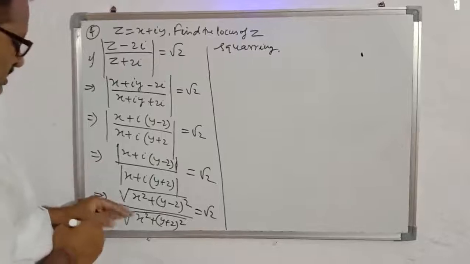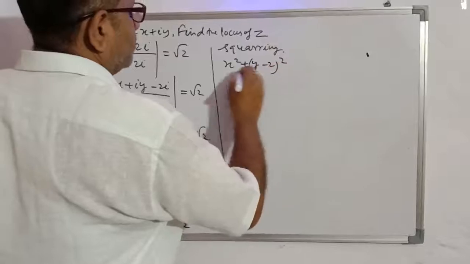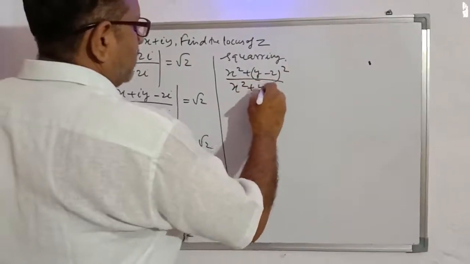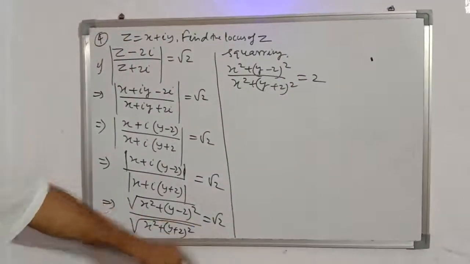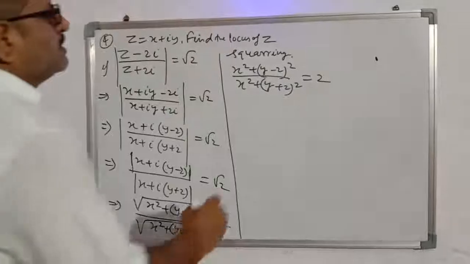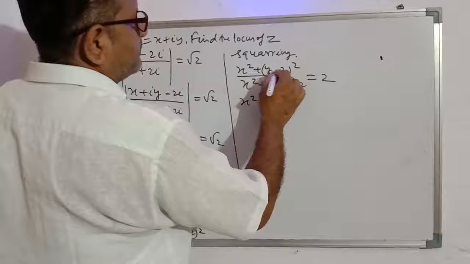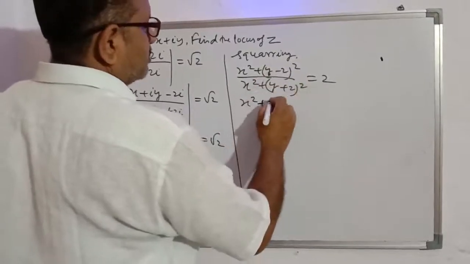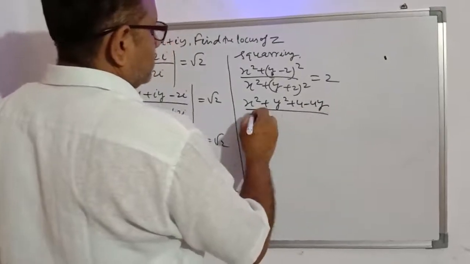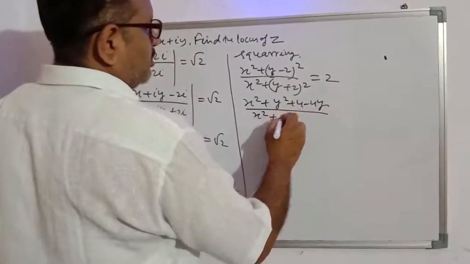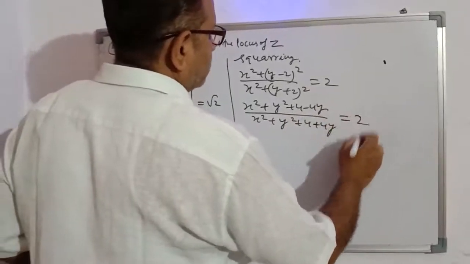We will get x square plus y minus 2 whole square upon x square plus y plus 2 whole square is equal to root 2 square, which is 2. Expand using a minus b whole square: y square plus 4 minus 4y, upon x square, a plus b whole square, y square plus 4 plus 4y, is equal to 2.